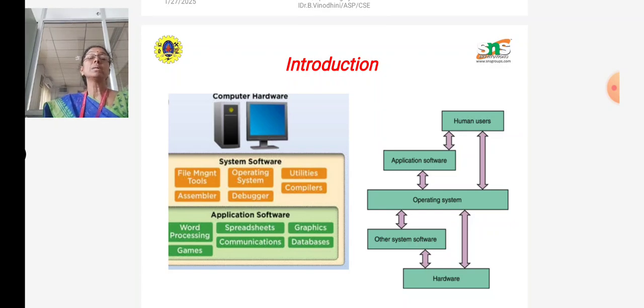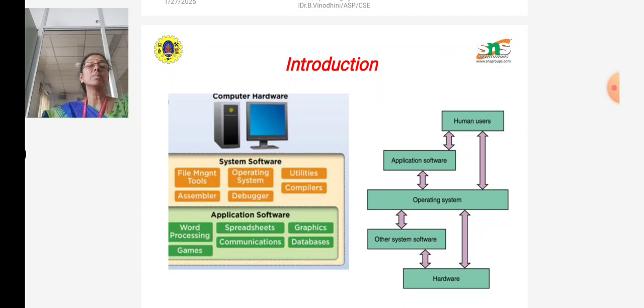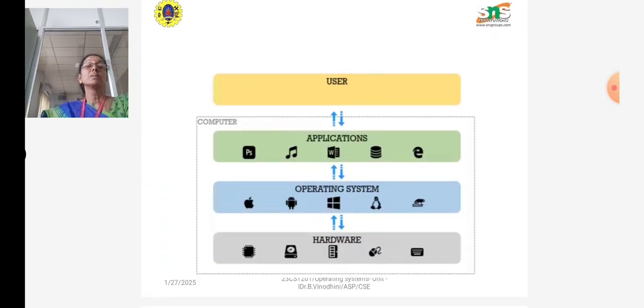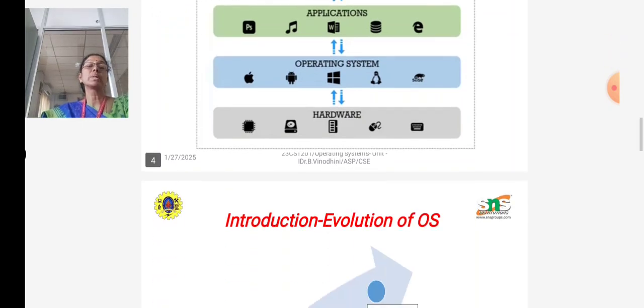So the computer system components are the user, operating system, application program, and hardware, with the operating system intermediate between the application program and the hardware. This is the generic view of the components of a computer system.